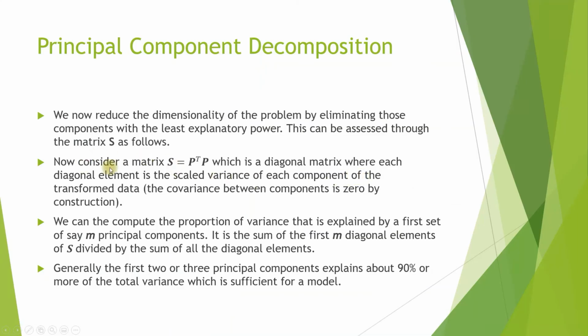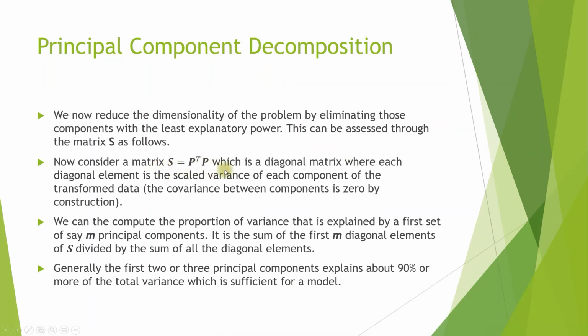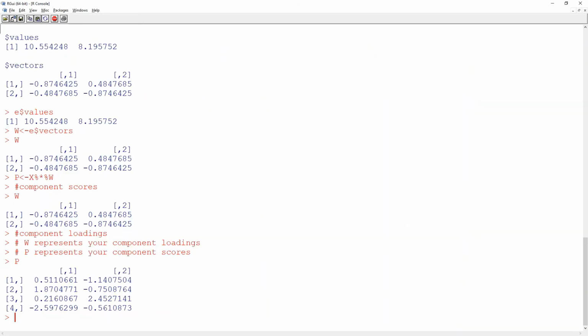This is what I explain here through the matrix S, P transpose P, which is a diagonal matrix where you get the diagonal elements of a scaled variance of each component of the transformed data. All right. So let me just do that now. Let's try to find the variance covariance of the new, transformed data.